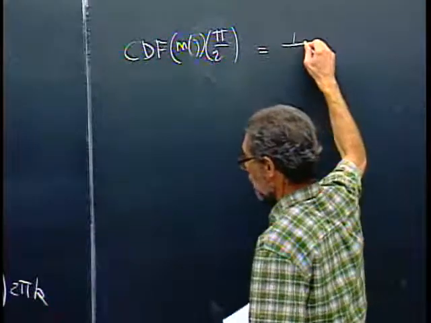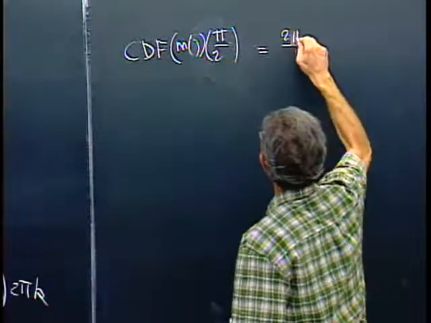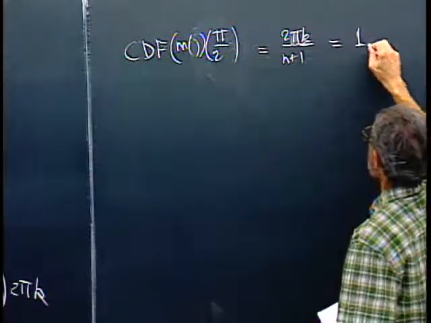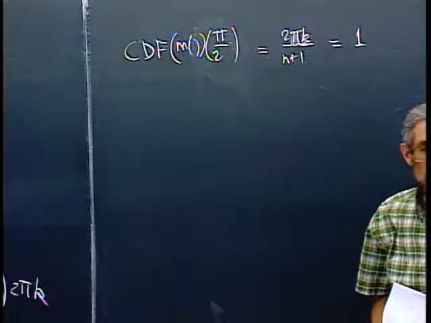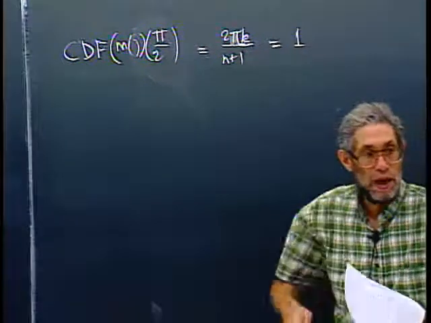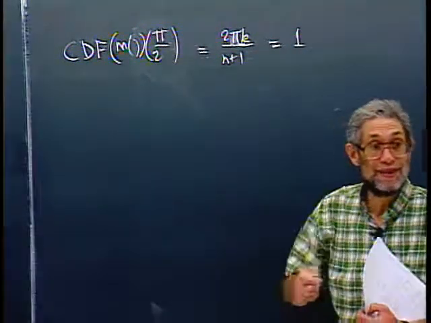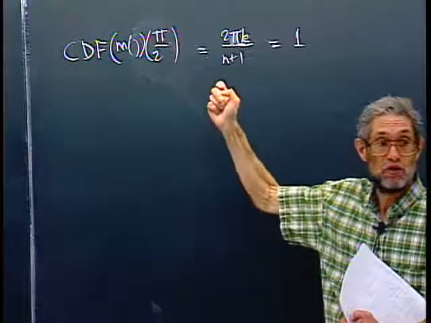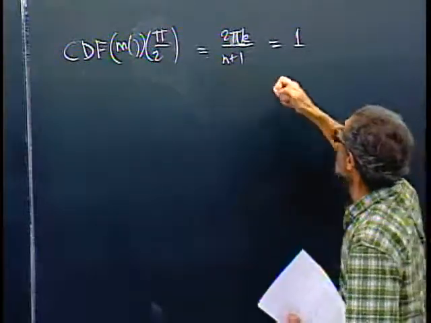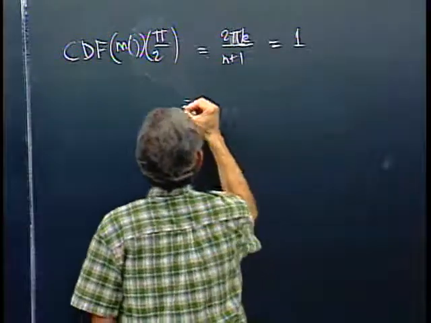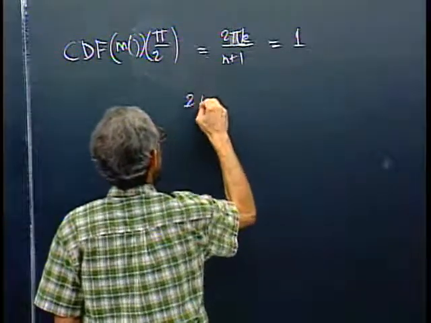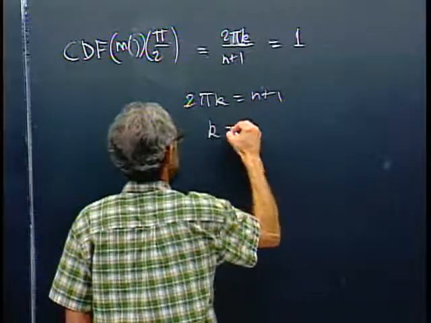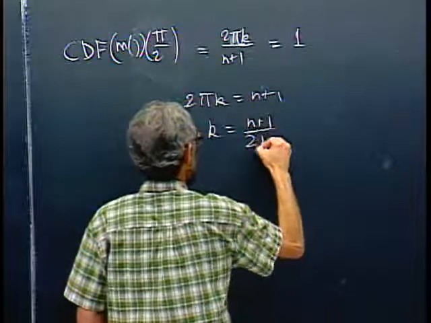And we have 2 pi k in the numerator and n plus 1 in the denominator. And that answer is supposed to be 1, because I'm having a probability density function. Its integral has to be exactly 1. So in order to build it, I have to choose the k to make it 1. And that means I have 2 pi k equals n plus 1, and k equals n plus 1 over 2 pi.